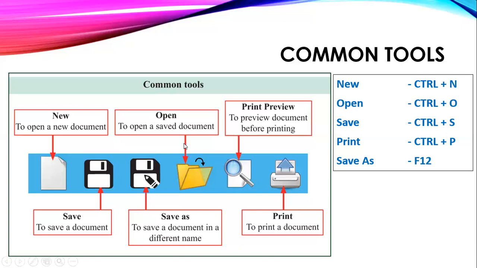And we have another one. If someone wants to save the same document under another name, we use Save As. For Save As, the easiest shortcut is F12. When you press F12, the Save As dialog box appears.